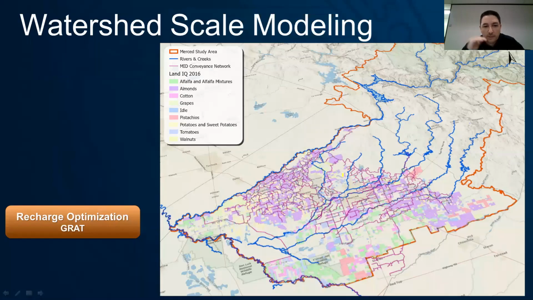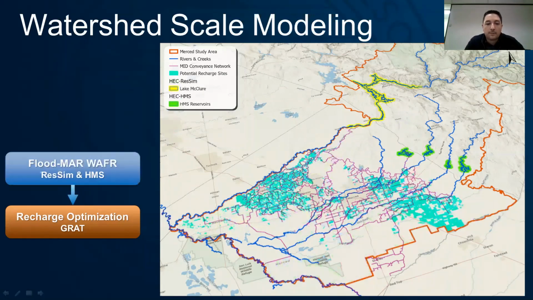So the GRAT model takes all those different layers of information, and it takes FloodMAR water that comes out of both our reservoir model and our HMS models, and we call that FloodMAR water, water that's available for recharge. Based on all that information, GRAT then has a listing of potential recharge sites throughout the basin, and these are all ranked on how good they are for recharge.